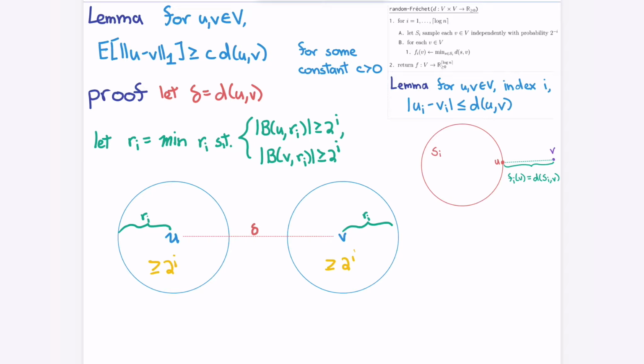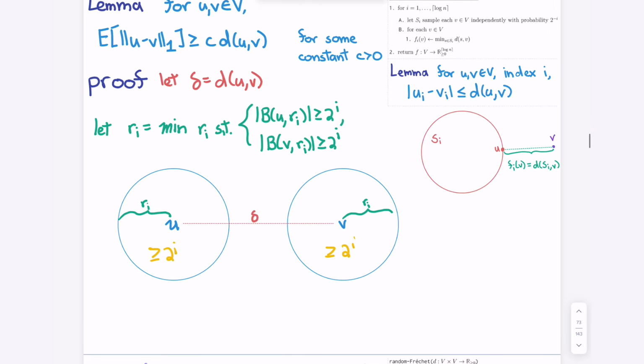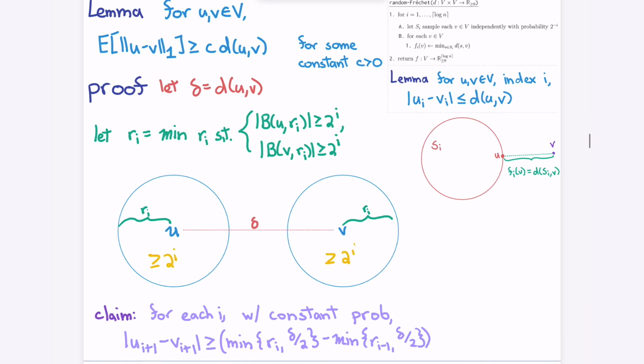Now for each index i, say like 16, what's the minimum radius so that V has at least 16 vertices nearby within that radius, and U also has 16 vertices nearby within that radius? So R sub i is dynamically chosen based on U and V.